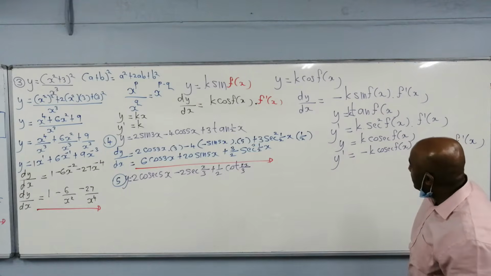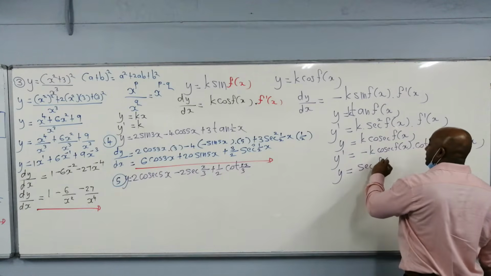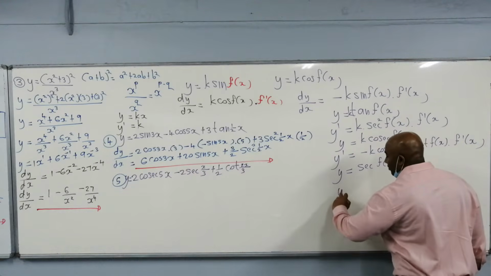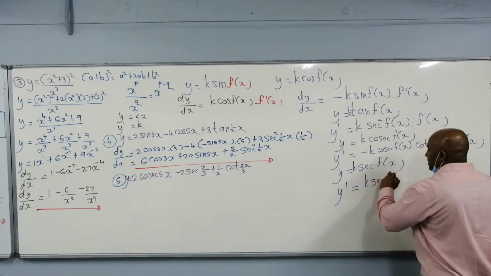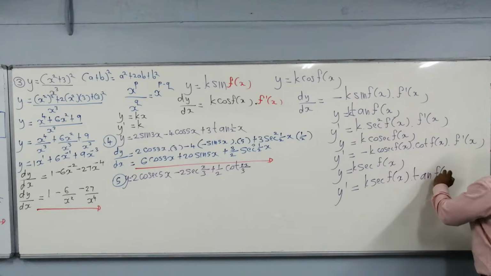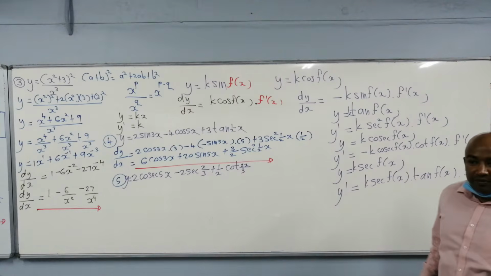What is the next one? We have sec. If y is equal to sec f of x, then the derivative of sec is going to be sec f of x times tan f of x. And always after you differentiate your trig function, then it's the derivative of f of x there, which becomes f prime x. What's the last one then?